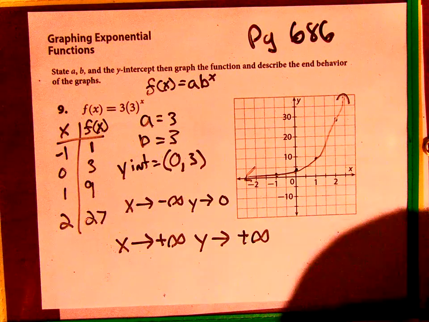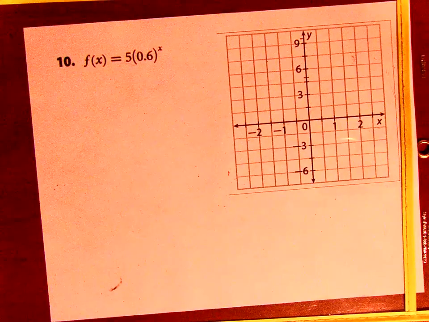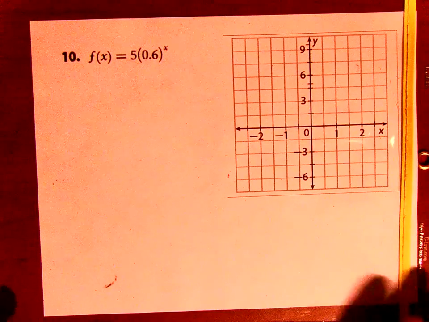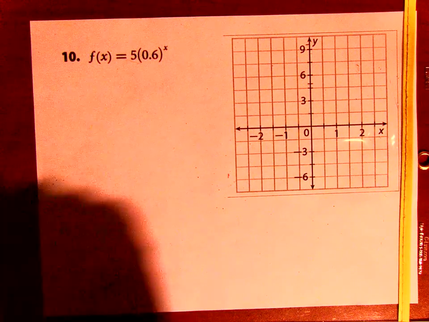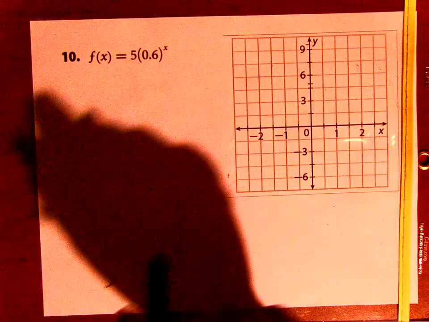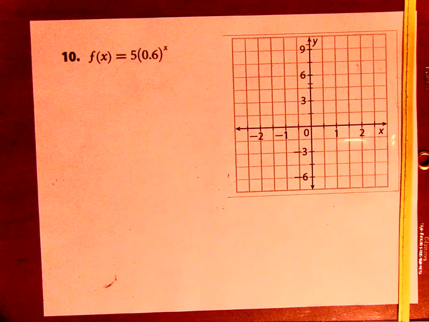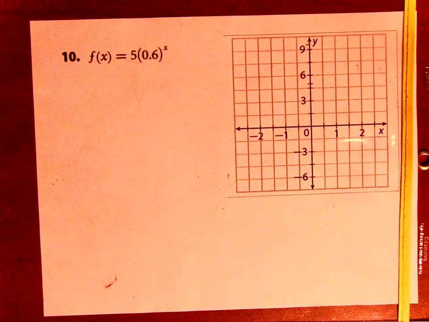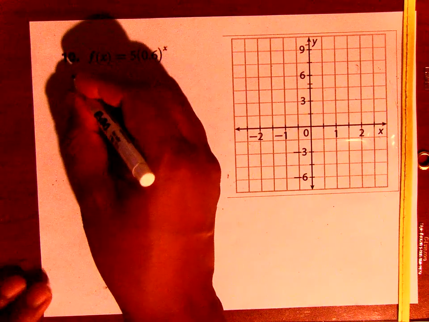All right, let's take a look at another example. In this example, we've got a 0.6, and if you remember the graphic organizer I gave you before, that gives you some indications of what the graph is going to look like, but we'll just go ahead and plot it out, make a T-chart, and then go from there.